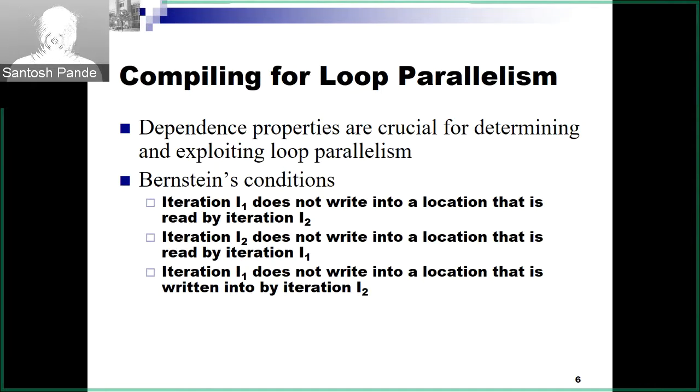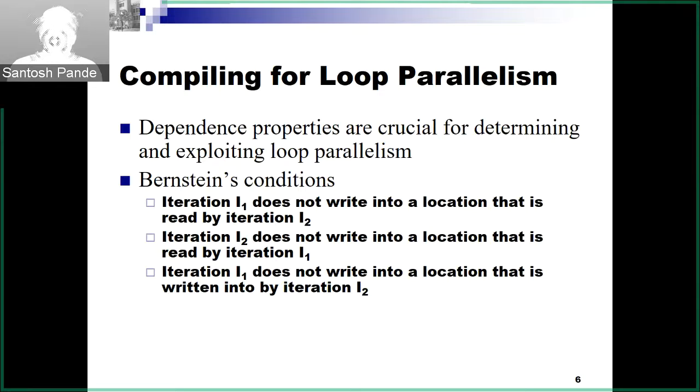Now, the dependencies are very critical for the program order, as you must have realized, and they are even more important in terms of loops and their parallelization. Typically, in parallelizing a loop, as you know, a loop executes for, let's say, thousands of iterations.